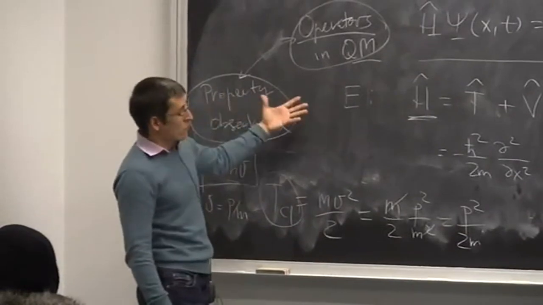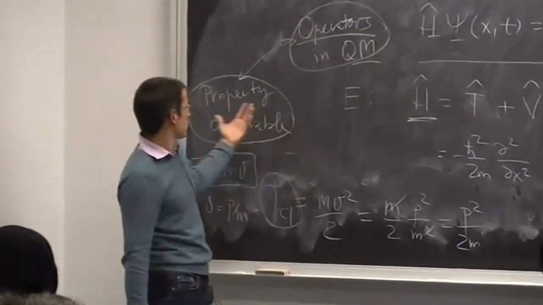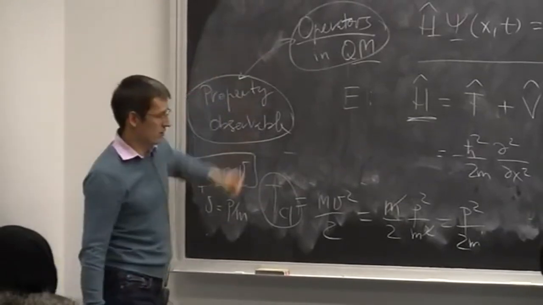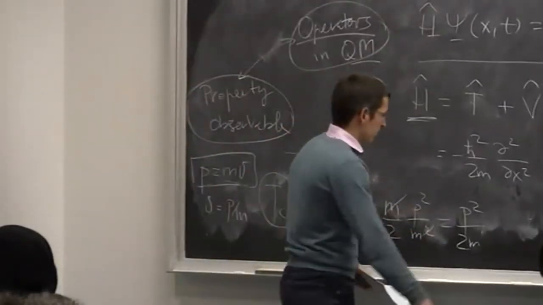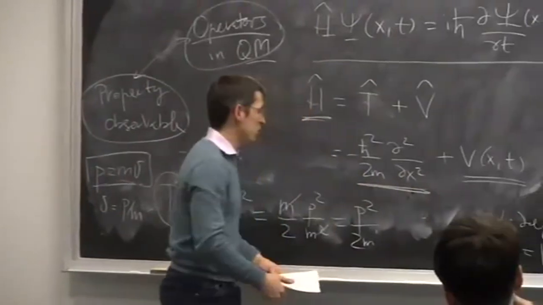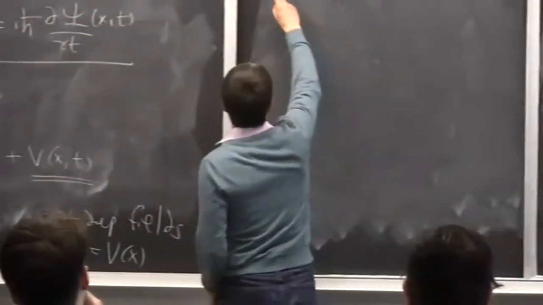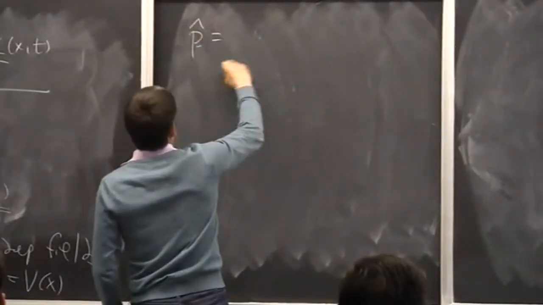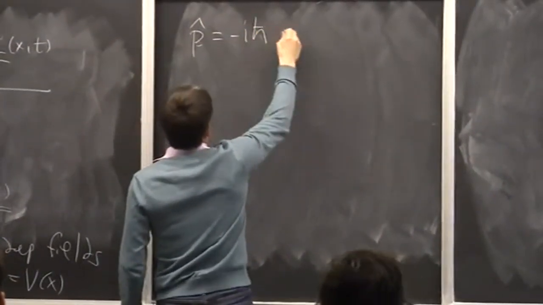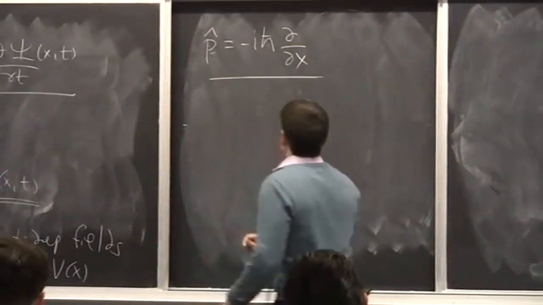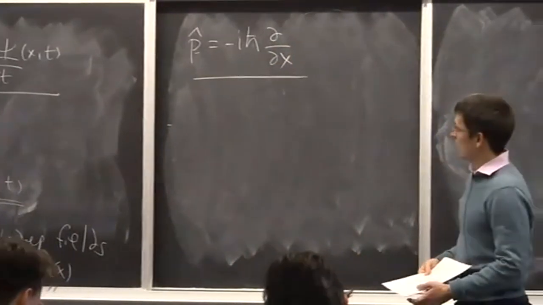But in quantum mechanics, we need to put in correspondence to every property an operator. And so to get here, we need to define what we mean by the momentum as an operator. And it turns out that the definition of what momentum is is given with this simple expression. All right?